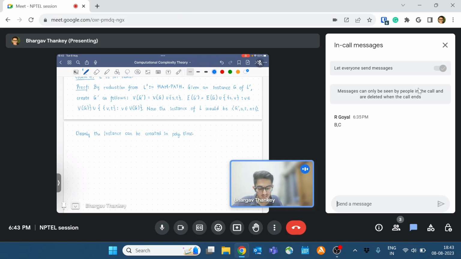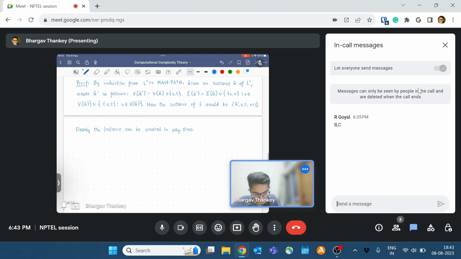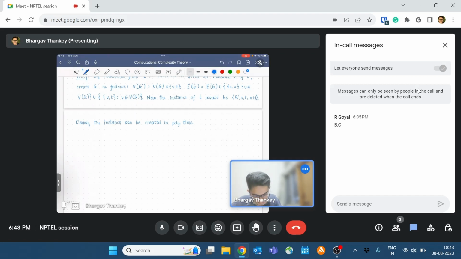Now we need to show that it's a valid reduction. G in Hamiltonian path implies G prime, S, T, n plus 1 in L. You already mentioned how we can do this. Let me just write it.